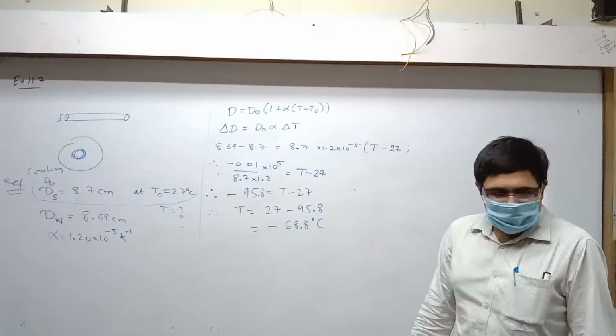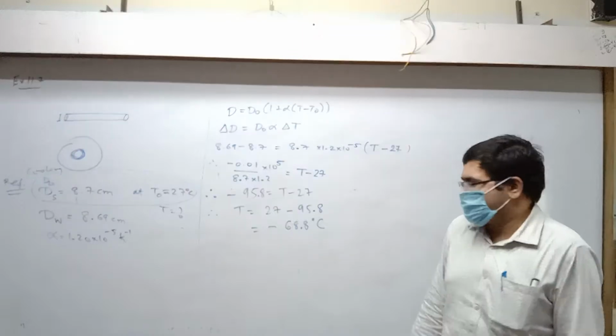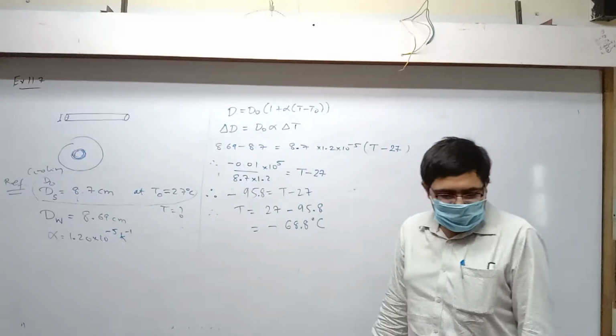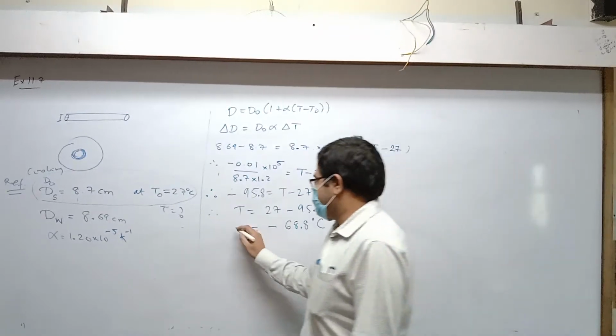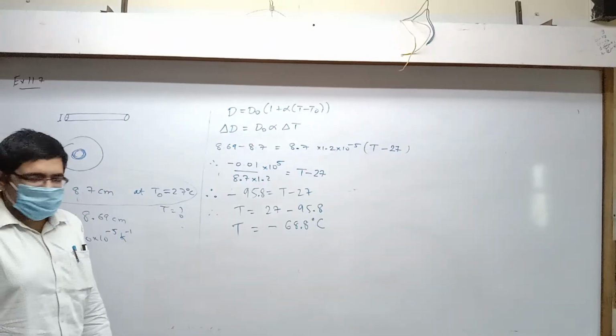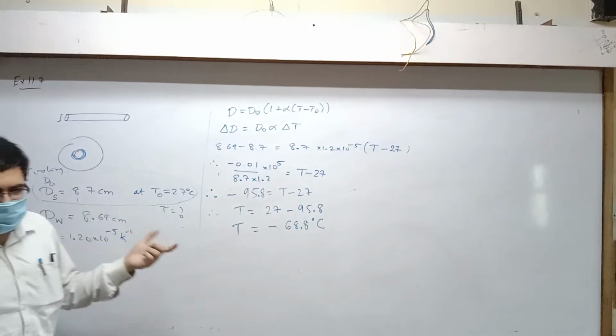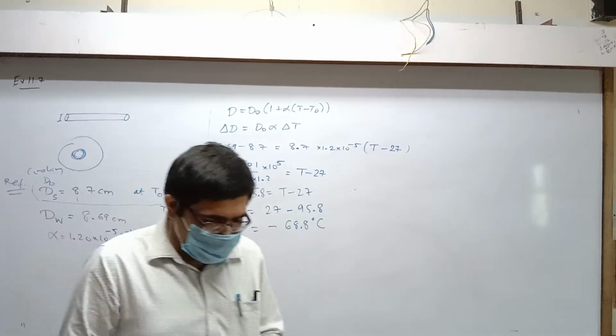Okay? Check it. Minus 69. They rounded it. Okay? So this is it. Right? Same method as before, only the change is here. Right? Okay. Let's go to the next thing.